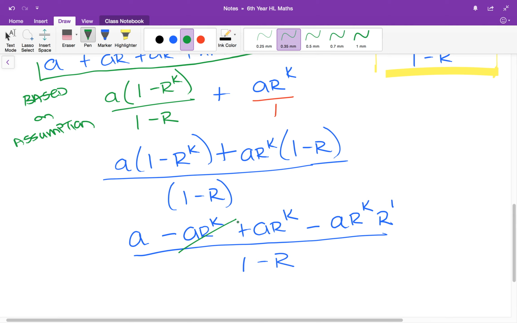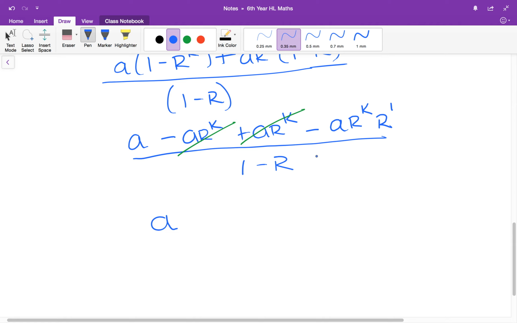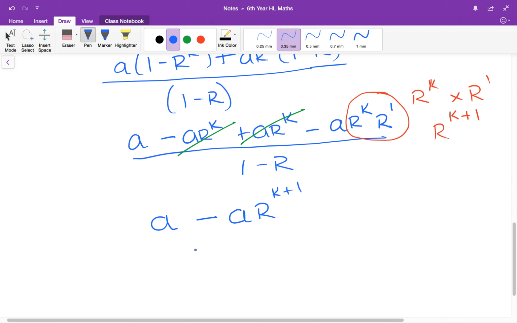So these here cancel. This is a, which is fine. Now this part here, we have r to the k multiplied by r to the 1. So the first rule of indices says that we can add those. So it's k plus 1. Okay, so we have the a, and then instead of r to the k, r to the 1, we have r to the k plus 1 all over 1 minus r.